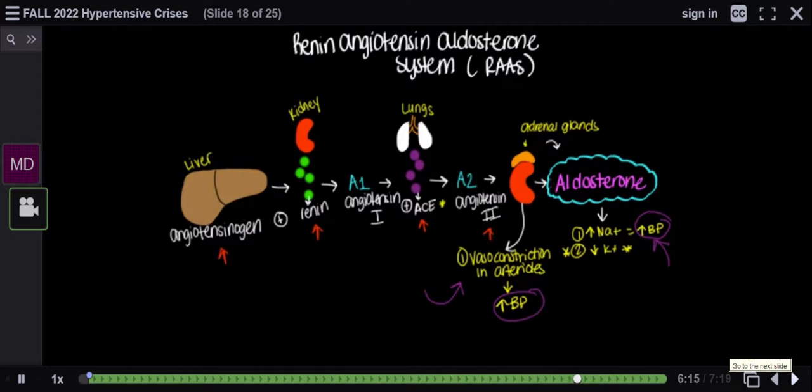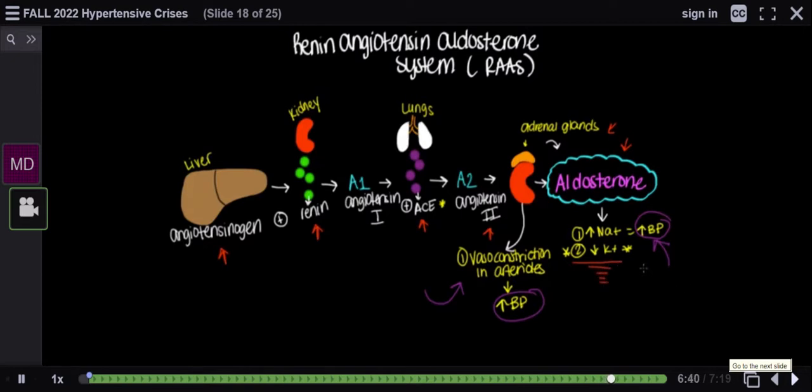Angiotensin 2 is going to work at the level of the adrenal glands and the kidneys, right? When angiotensin 2 gets to the adrenal glands, it's going to make aldosterone. And aldosterone will increase our blood pressure because it increases sodium reabsorption, which is going to increase the amount of fluid that we have. But we got to keep in mind that aldosterone also depletes potassium.